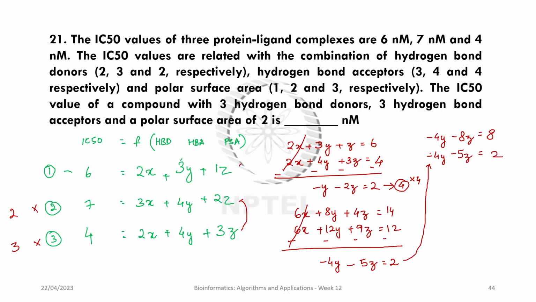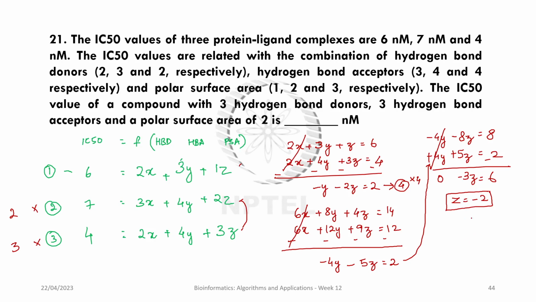We are going to subtract again, so this is going to become plus and minus here. 4 plus 4 0 and you have minus 8 plus 5 is minus 3z is equal to 8 minus 2 will be 6. So z is equal to minus 2.